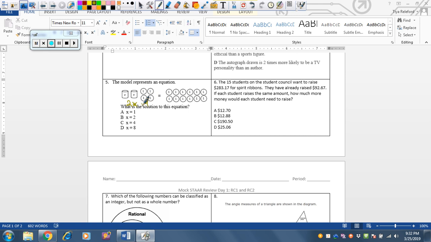Are they positive or negative? Positive, right? And then on this side, what do you have? 12. Now when you do this, make sure you give yourself room. Don't do it here. Start with the subtracting or adding first, and then the multiplying or dividing.